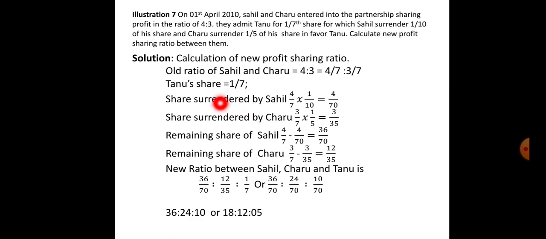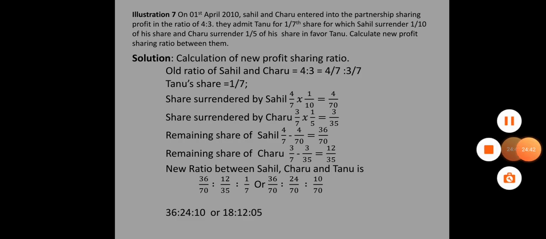Here we have completed the calculation of new profit sharing ratio, and as for the sacrificing ratio, we have already understood that sacrificing ratio is equal to old ratio minus new ratio. Clear, thank you.